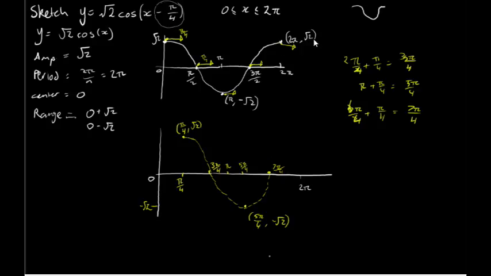Now this point here has moved out beyond 2 pi. So let's work with that. So that would be 8 pi on 4. Okay, so that's what it would roughly look like.